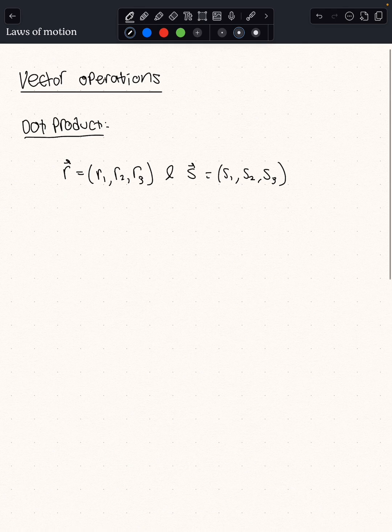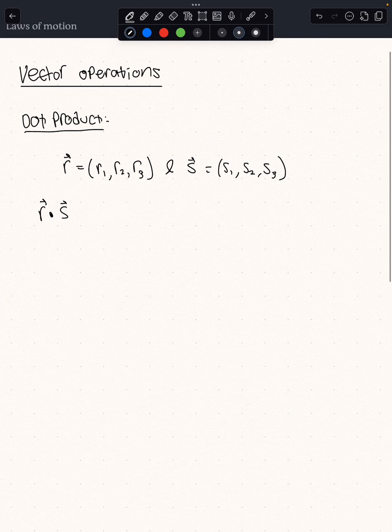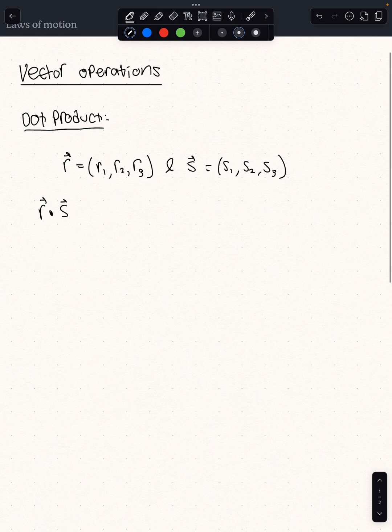R dot S, denoted by a dot. There's a couple ways you can represent this algebraically. You can take the magnitude of the vector multiplied by the magnitude of the other vector, times the cosine of the angle between them.